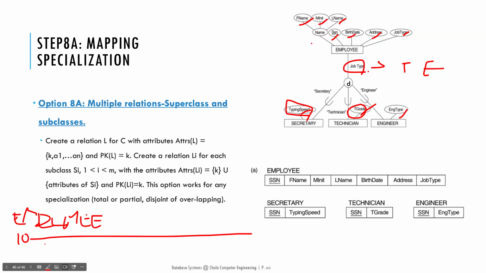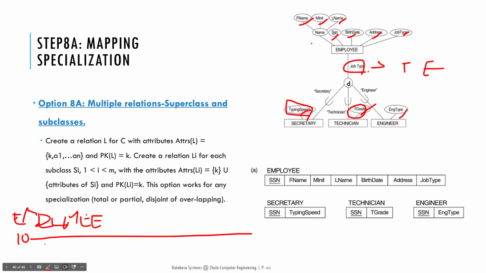Now, I have the next person, whose job type is secretary. Then I have the typing speed, let's say 100. And the rest would be null. So it's sort of like unionizing the relationship together in one database.